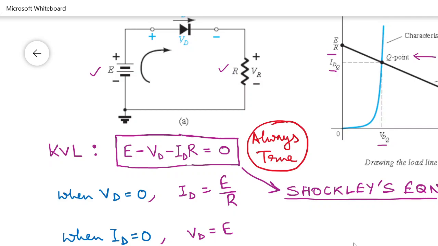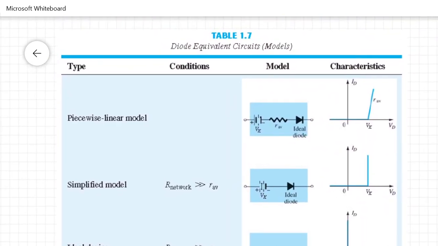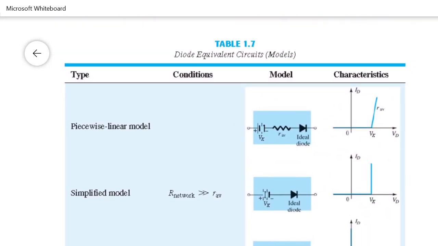Simply by equations we would be able to solve, but there we approximate the Shockley's equation into some manageable approximations. Now, what are these manageable approximations? There are 3 different approximations that we utilize. You have to remember these three approximations very well when you are dealing with diode circuits.